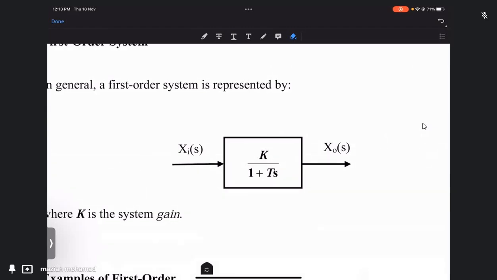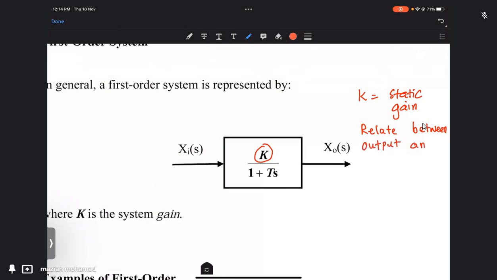Okay, so we have k here is static gain, where k will relate between output and the input at steady state region.